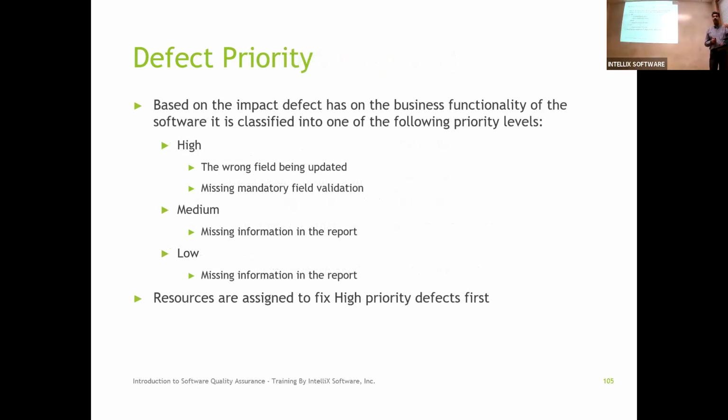Based on the high, medium, low, right? For example, if your system doesn't track your social security number, doesn't allow you to enter that for a credit application, that's high, right? Whereas if it captures all the information but just displays the date in a different format instead of month, date, and year, it's still capturing it. It may not be as important as a missing social security number.